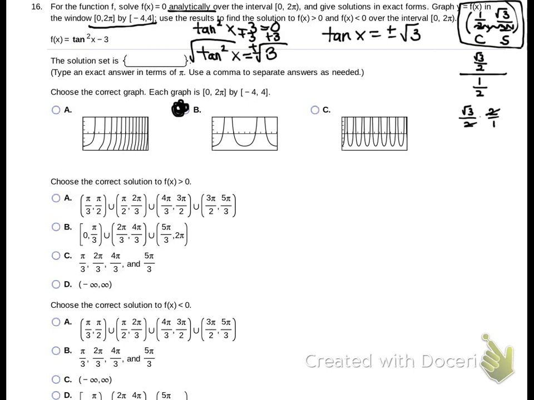And then the tangent would be square root of 3 over 1. That's just a little shortcut that they noticed. So in quadrant 1, the point that has those values is pi over 3. In quadrant 2, it's 2 pi over 3. In quadrant 3, 4 pi over 3. And quadrant 4, it's 5 pi over 3. This is where it equals 0.